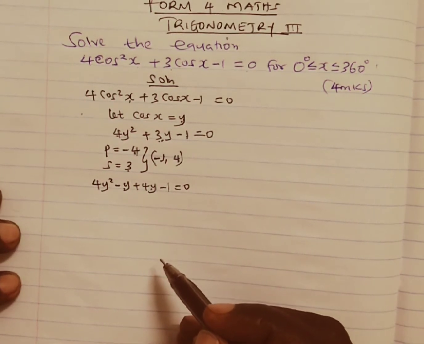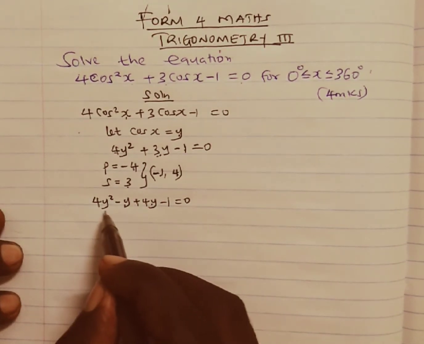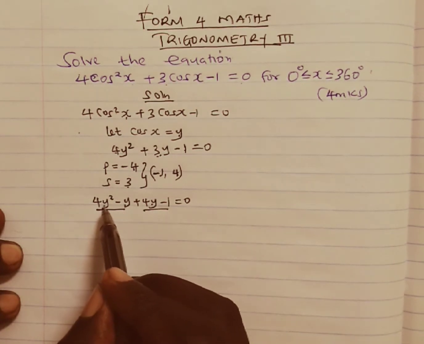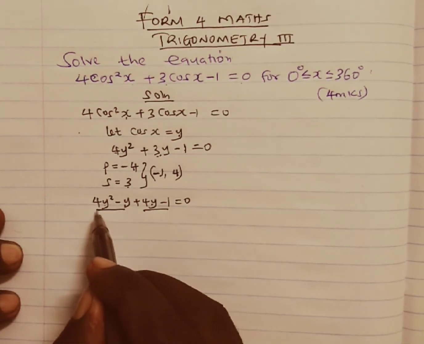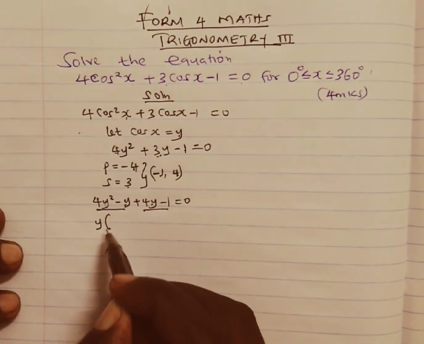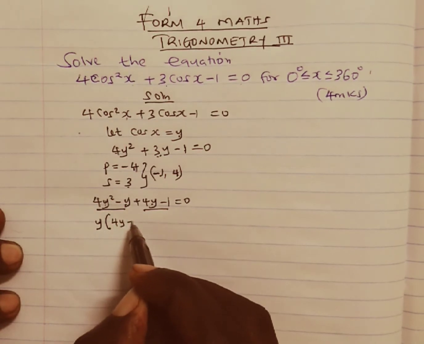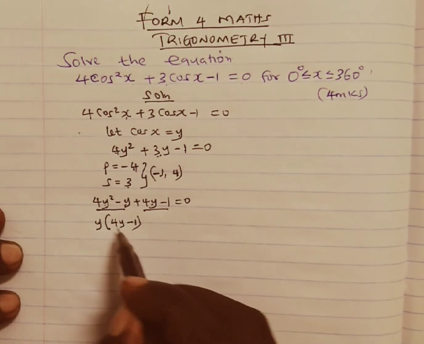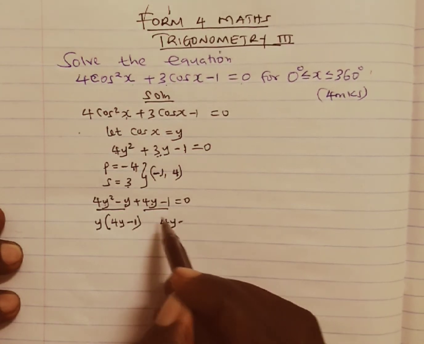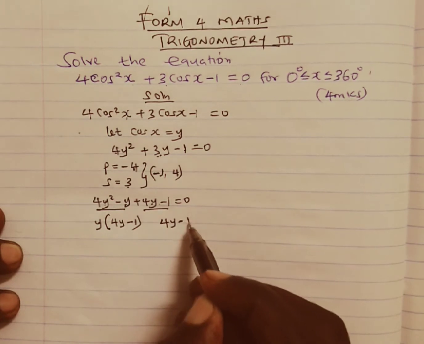Once we have this, we can factorize in pairs. Looking at 4y squared and minus y, y is common to both, so y is factored out, and we have 4y minus 1 in the bracket. This is the same bracket we get when we factorize the other pair, which is 4y minus 1.